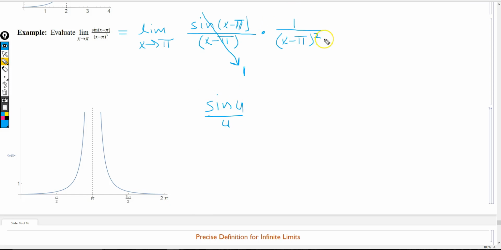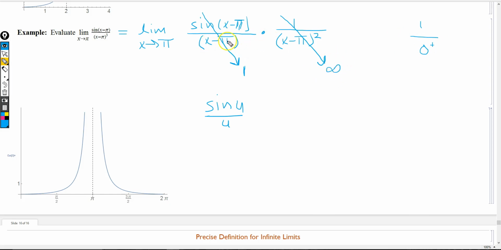Over here, this limit is also going to be going to positive infinity. That's because the denominator is approaching 0 from the right, and the numerator is approaching 1. So of course 1 divided by a very small positive number is a very large positive number.